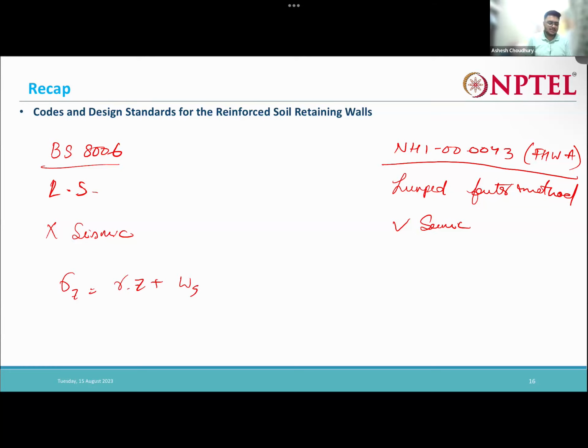Okay, it is the gamma Z. But FHWA considers the vertical load as RB by L minus C. This RB is the total vertical load that is coming, and the length L we consider is the length of the reinforcement that we are placing. Okay, so we will see all this in detail while we design the reinforced retaining wall. All right.